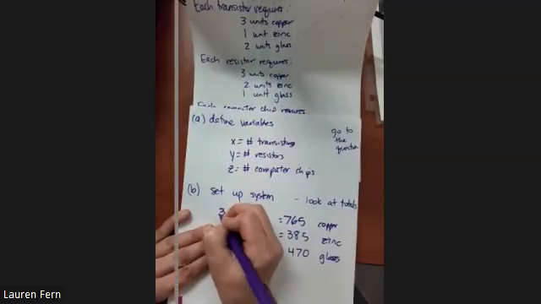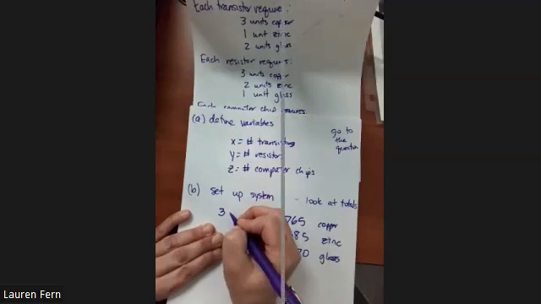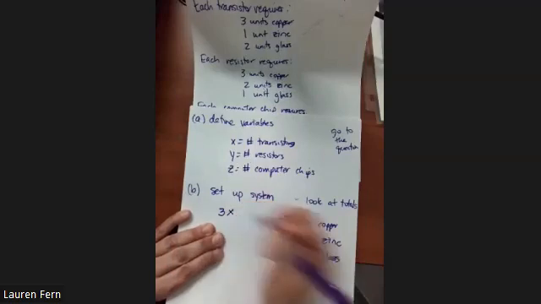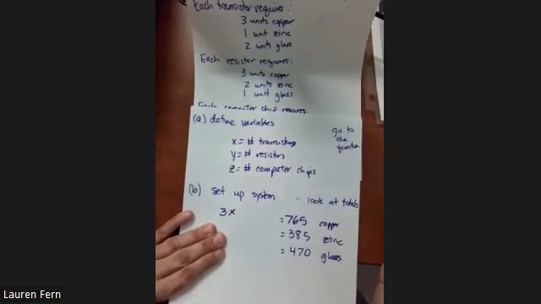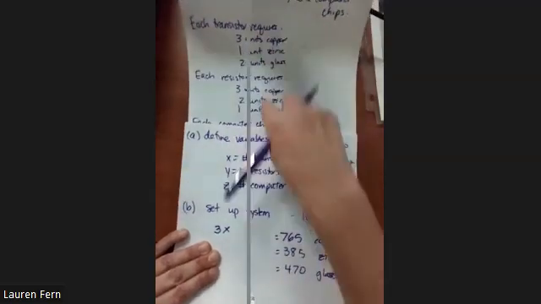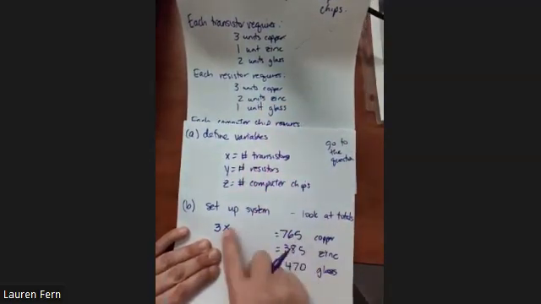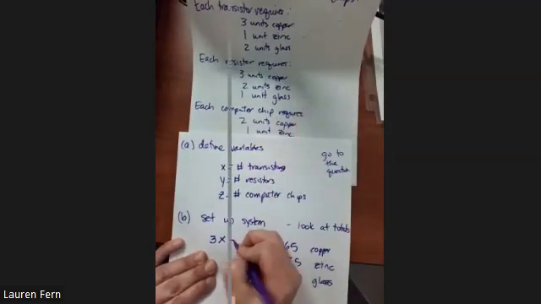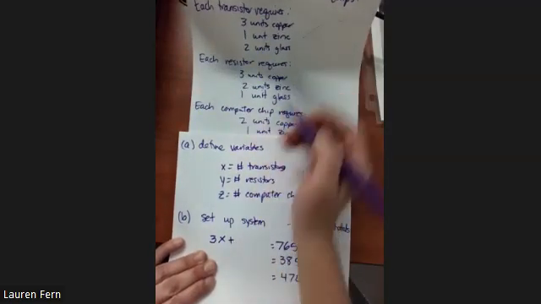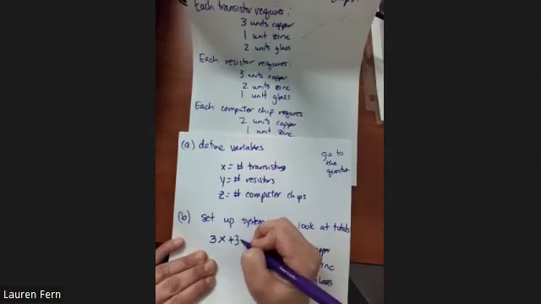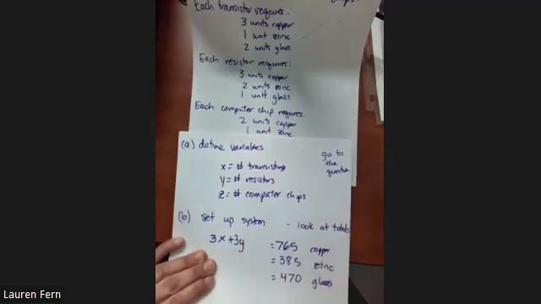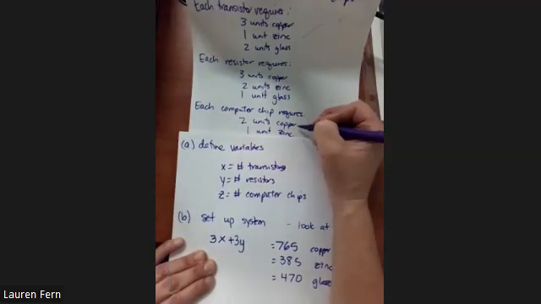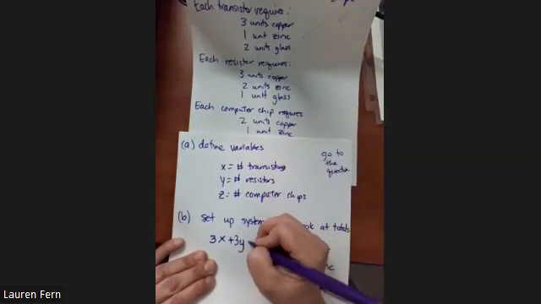So my transistors are going to take 3 units per transistor times the number of transistors. You want to have each of these variables in each of these equations. How about resistors? Well, each of those take 3 units, so 3 units per resistor times the number of resistors. And how about my computer chips? Plus 2Z.